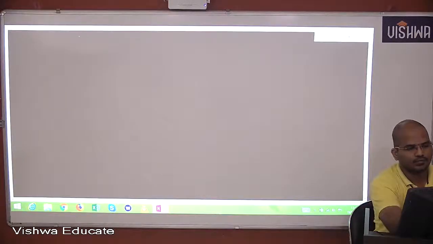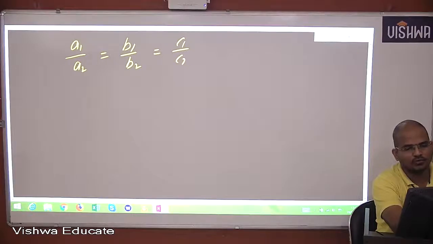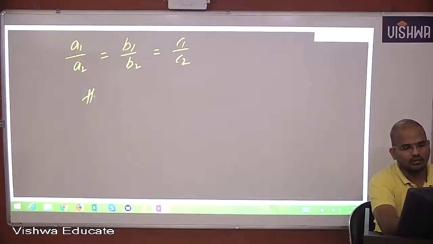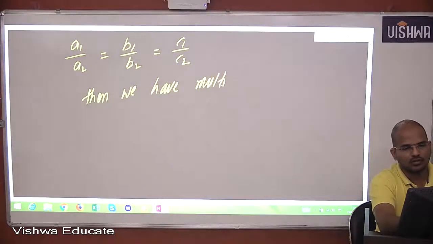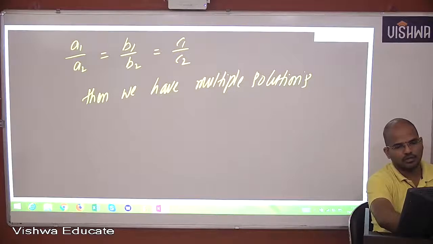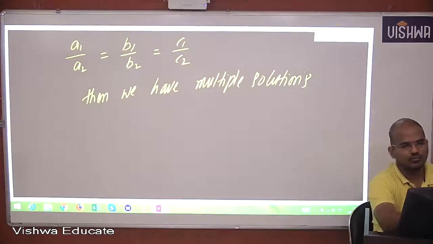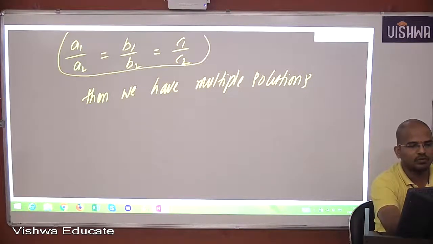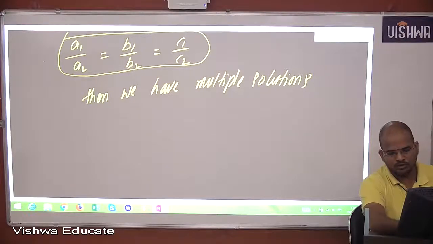Similarly, if a1 by a2 is equal to b1 by b2 is equal to c1 by c2, then we have multiple solutions. So a1 by a2 should be equal to b1 by b2 should be equal to c1 by c2.